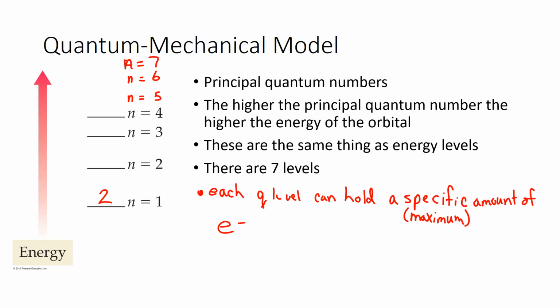See the relationship? 2 electrons, 2 elements. All right. Period 2, or quantum level 2, can hold up to 8 electrons. How many elements are listed in period 2? 8. All right.